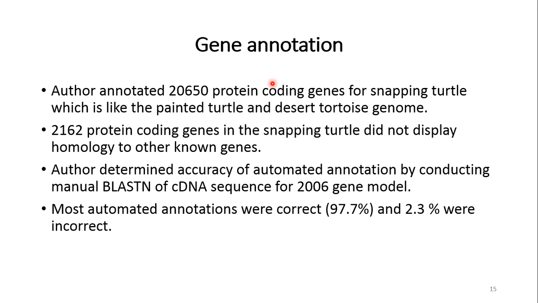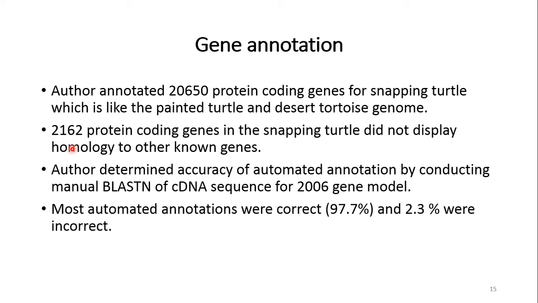Gene annotation. So, the authors annotated 20,650 protein coding genes, which is very similar to the number in the pearl turtle and desert tortoise genomes.